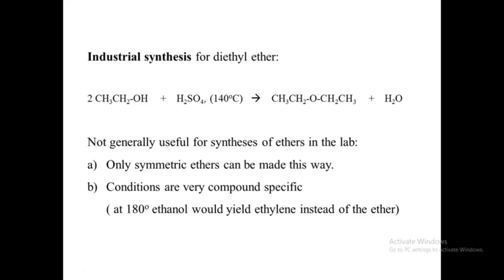But always remember, the temperature is the key factor for the reaction. When the temperature is 440 Kelvin or 170 degrees Celsius, then the ethanol is converted into ethylene or ethene. Hence this reaction is very important.